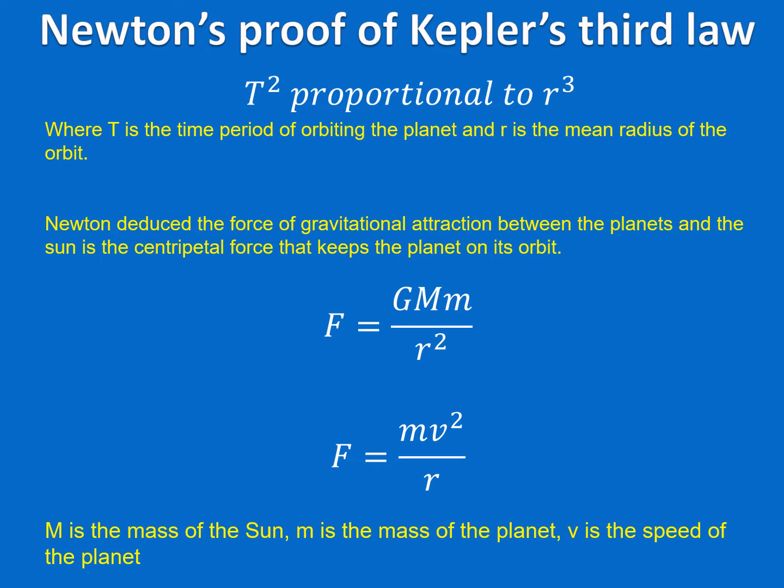As I said, capital M, mass of the sun, little m, mass of the planet, and v is the speed of the planet in its orbit. So we can equate the two. We'll look at the acceleration. So if you recall, the centripetal acceleration a was equal to v squared over r.